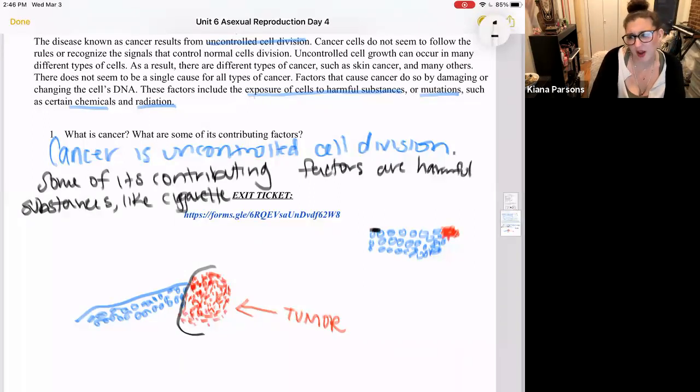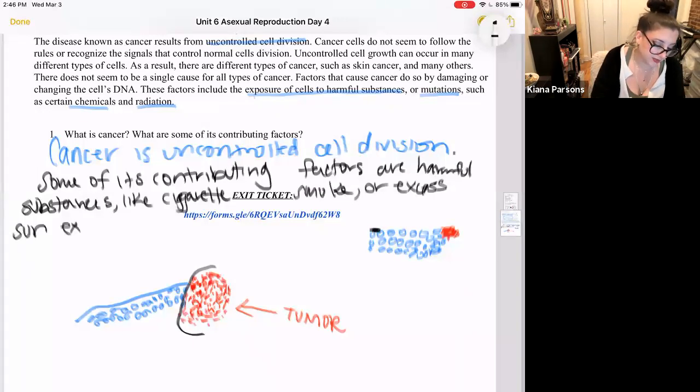I may have just spelled cigarette wrong, and if I did, I do apologize. Like cigarette smoke or vape smoke. Don't vape, kids. It's real bad for you. Some of its contributing factors are harmful substances like cigarette smoke or excess sun exposure, UV radiation, which can cause mutations.